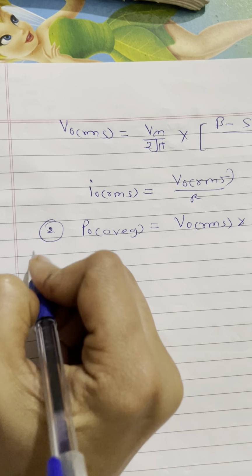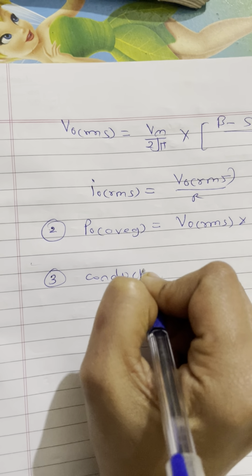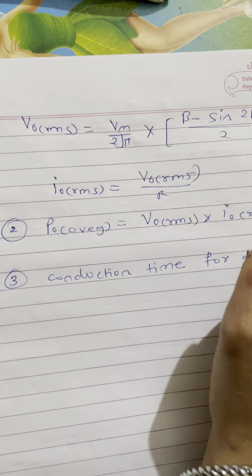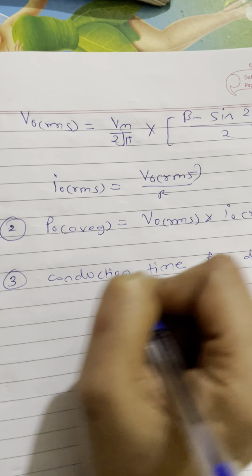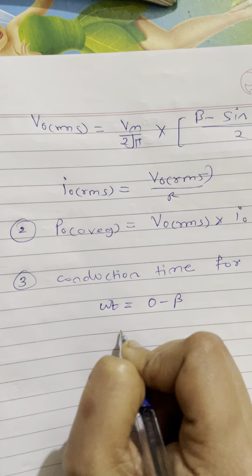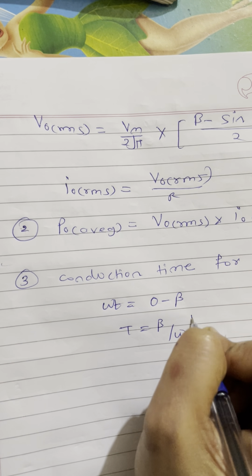And what is the conduction time for the diode? The conduction time for the diode: omega t is equal to 0 to beta, and t is equal to beta upon omega.